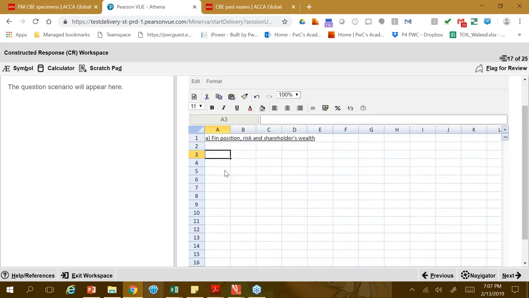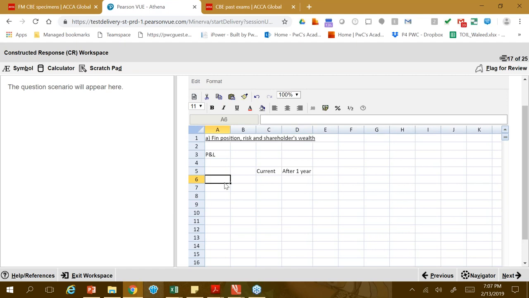Now, for the financial position, we will need a P&L extract. So P&L extract. Simply think of the current P&L and after 1 year. And within P&L, just put the structure down from the question.